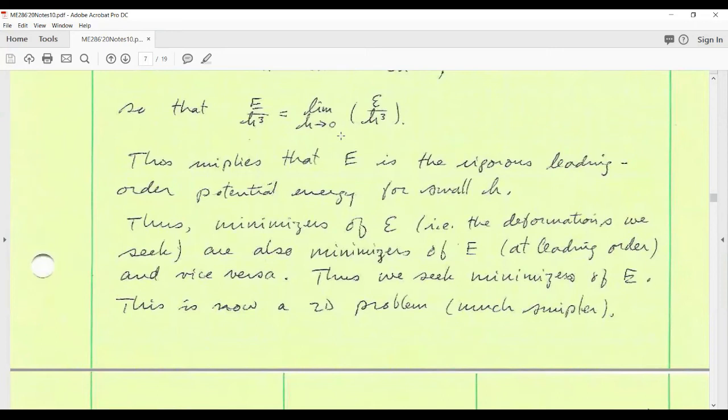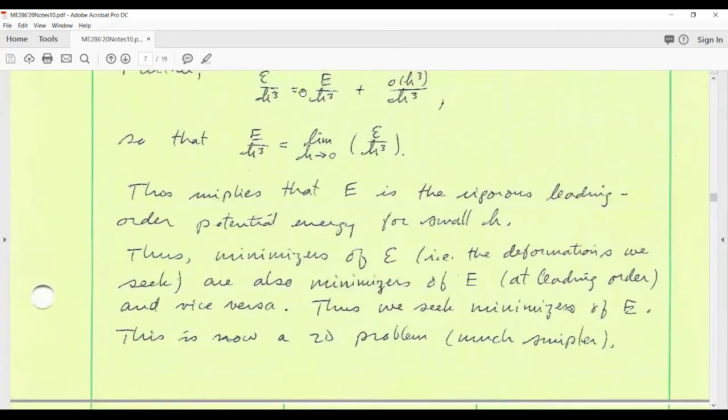So it further means that since our task was to minimize the exact three-dimensional energy, and we're looking for deformations that accomplish that task, then for smaller plate thickness, that's equivalent to minimizing our approximate potential energy. Okay?